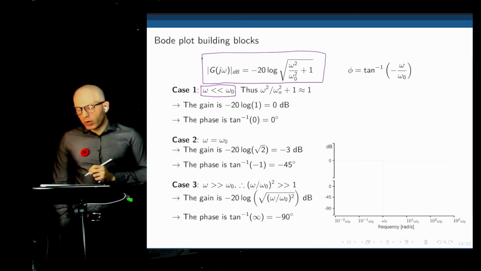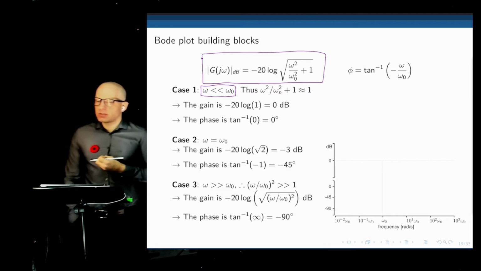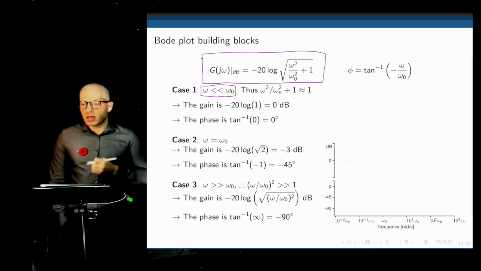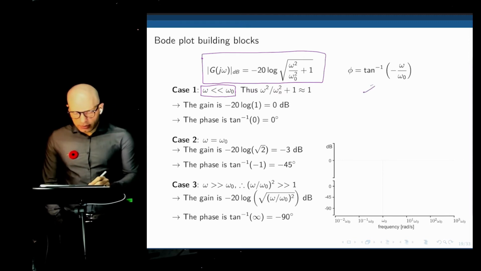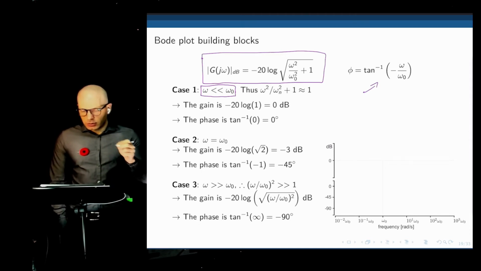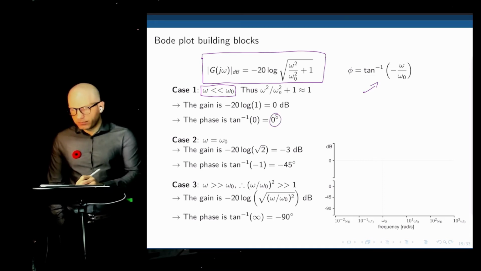Negative 20 log of 1 is 0. So if the frequency you're evaluating the system at is much smaller than the cutoff frequency, the gain tends to 0 dB. We can do the same with the phase. In that case, the arctangent of 0 is also 0.